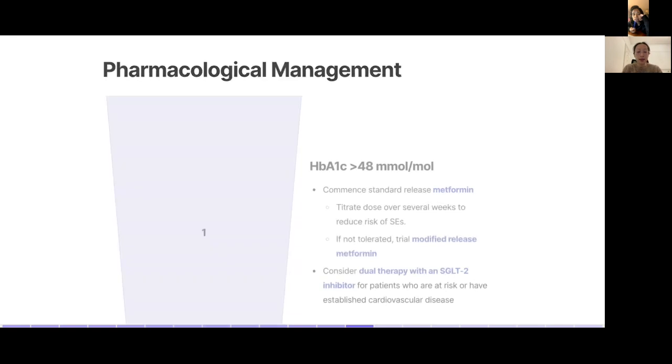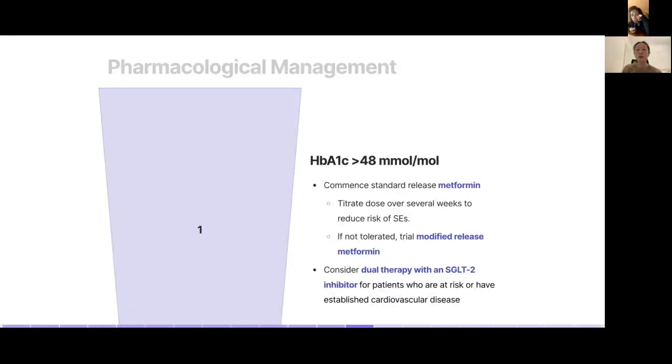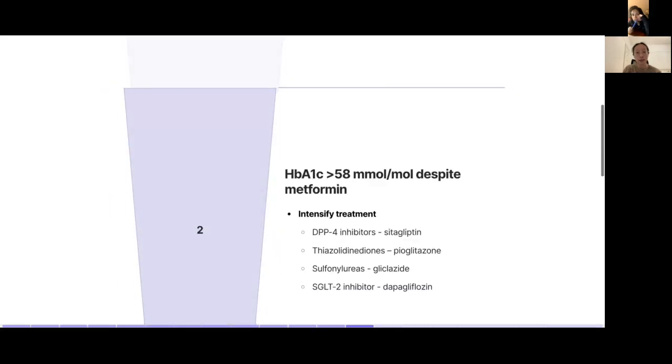Hence, that previous patient who has a history of cardiac failure will also be started on metformin plus the gliflozin. Next, if their HbA1c is still greater than 48, our initial HbA1c target, despite being on metformin, we need to increase the treatment, and there are various options you can pick, which we'll discuss later. You need to balance the individualized plan of the patient with the pros and cons of each medication.